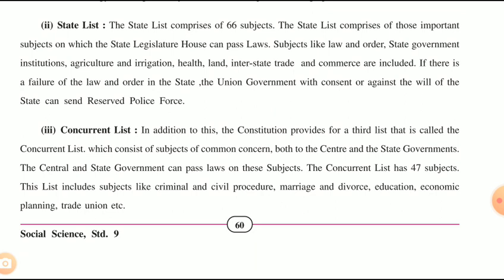That means there are certain activities that are to be conducted in both the union territories as well as the state, and they are a set of criminal and civil rules, regulations of marriage and divorce, educational policies, taxation and fixing of income tax, trade union, that is related to rules of business, and planning.